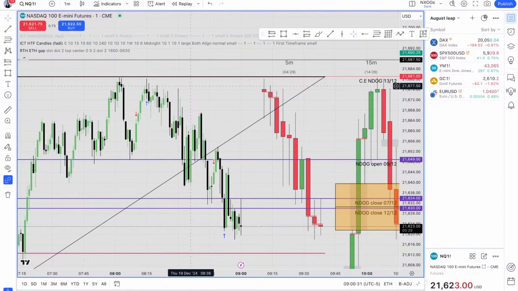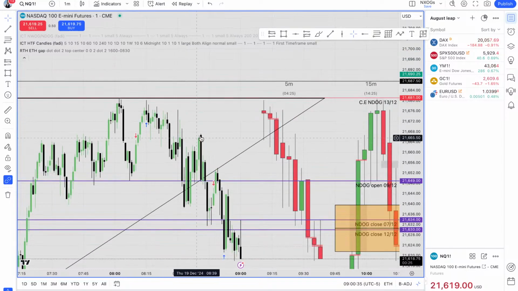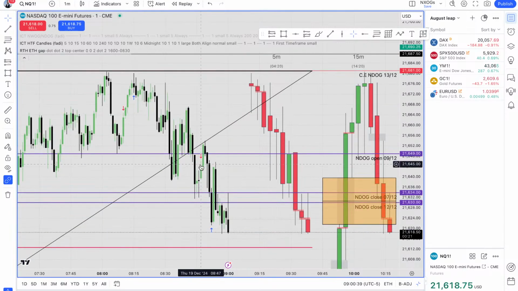The wick does the damage and the body tells the story. It stopped me out, but it's fine. So we have one losing trade, one winning trade.